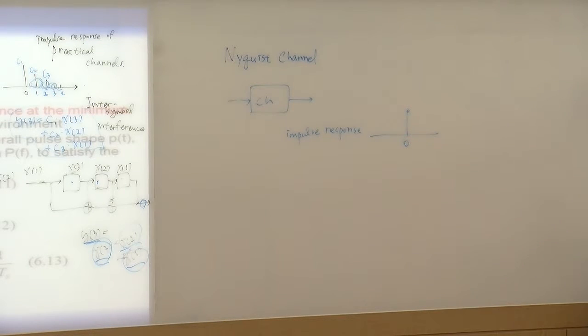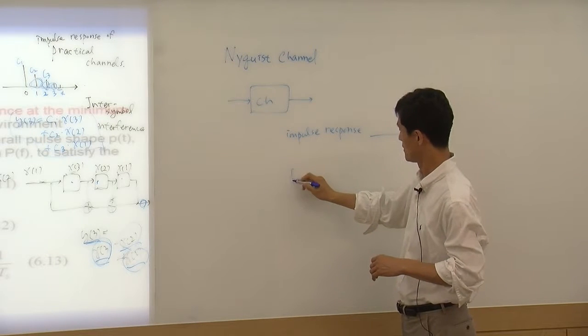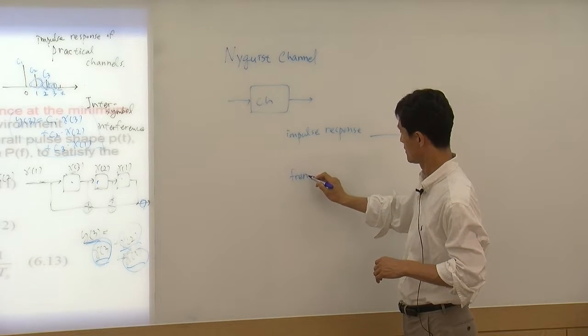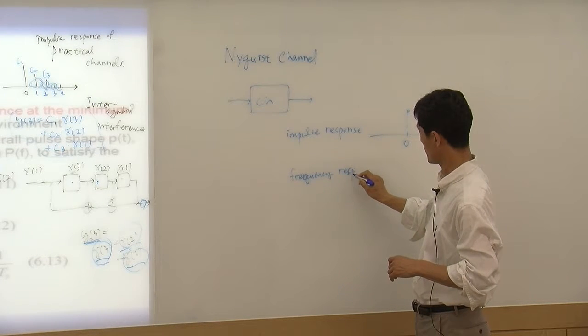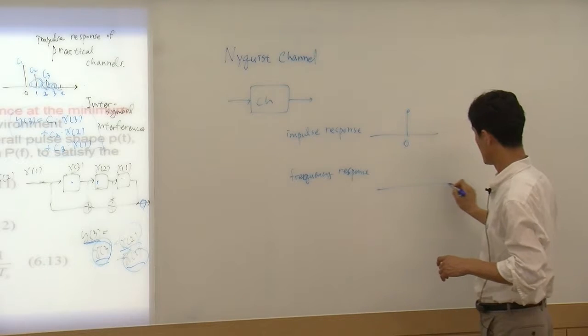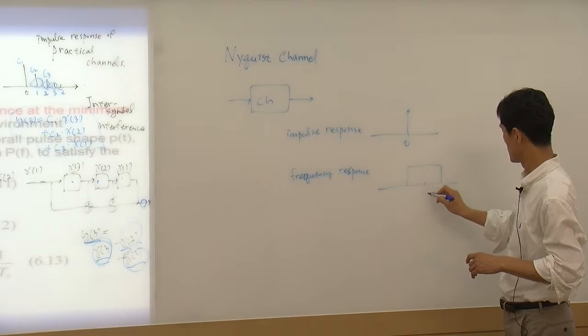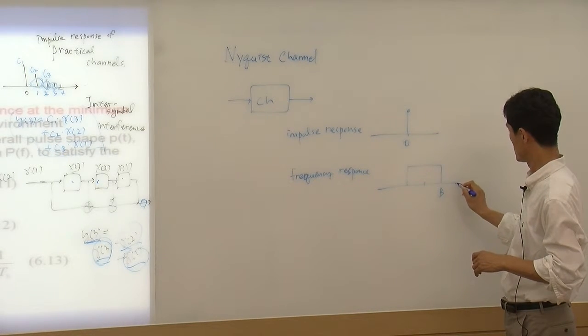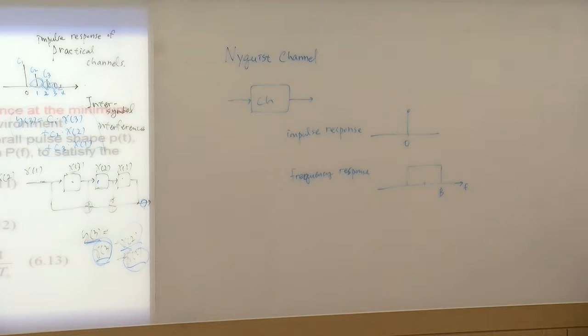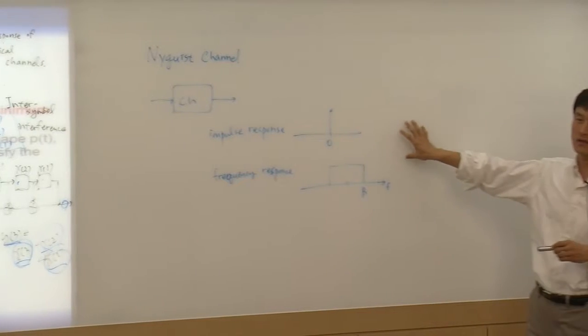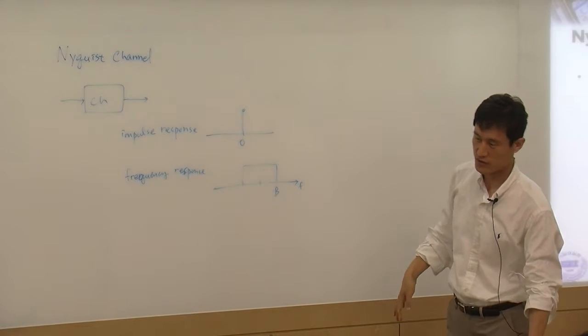So that means this is the ideal channel. Also, this one has a frequency response something like this. So that's the characteristics of the Nyquist channel.